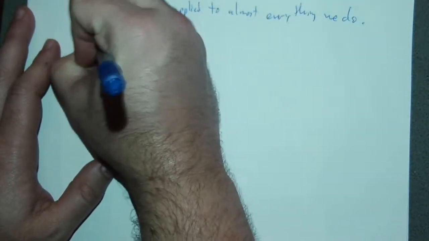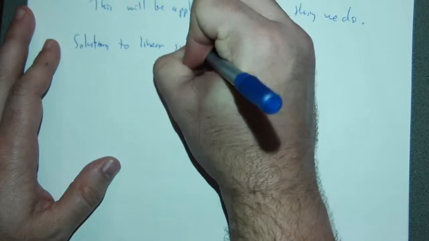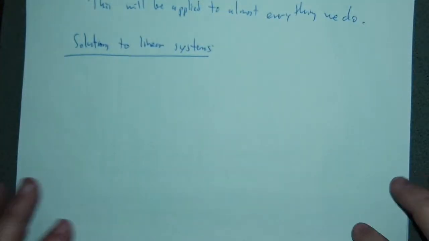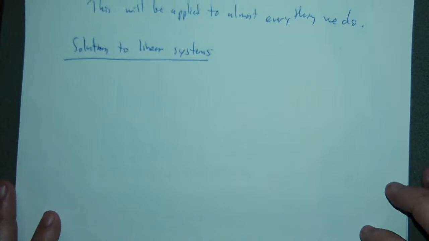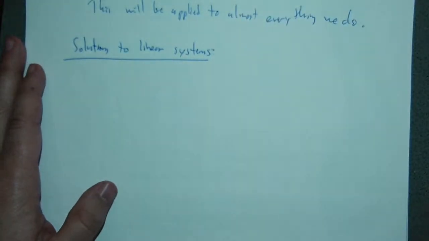But the first application we could talk about is in solutions to linear systems. Okay, so how do I apply this to solutions to linear systems? The idea is the following.